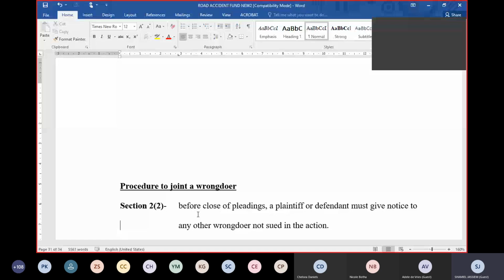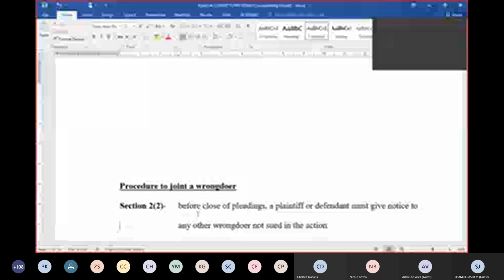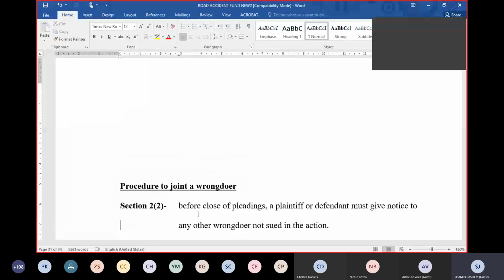However, this notice can only go out before close of pleadings. So if you want to join parties to proceedings, you must send a notice in terms of section 2.2 to the person that's not before court in order to join him to proceedings, but this notice must go out before close of pleadings.